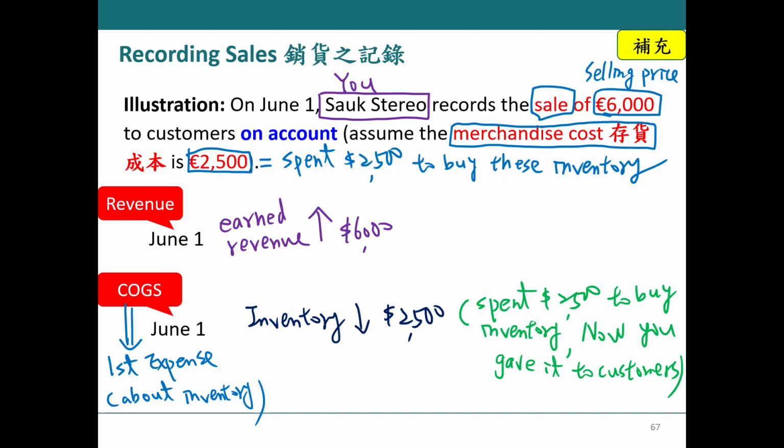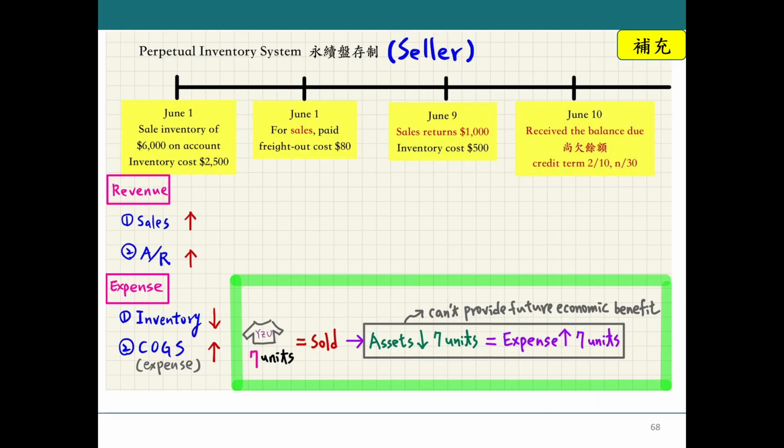Inventory decreases, then expenses incurred happen, right? Remember? We talked about this before, right? Inventory decrease means what? Your assets decrease. So no future economic benefit. No future economic benefit because that's not yours anymore, right? But you spent the money to buy it, right? So it becomes your expenses because no future economic benefit. No future, but you have what? You have it now, right?